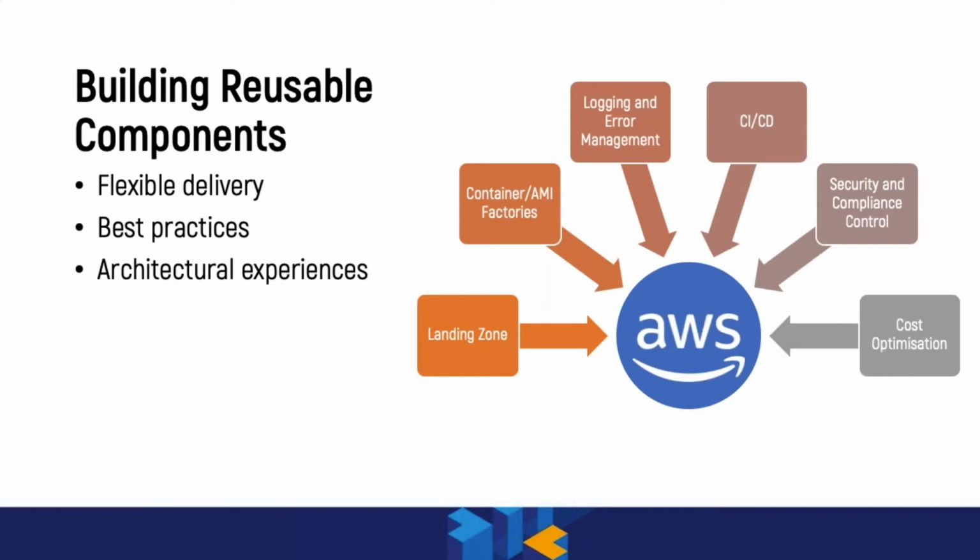And it gives us flexibility with regards to delivery, ensuring that we're already sticking with best practices, but it also leverages existing architectural experience with AWS. So we can leverage our deep knowledge of the ecosystem in both camps, both the HashiCorp and the AWS camp, to deliver the most value that people can get in a consumable, reusable way for moving to the next application or the next project.